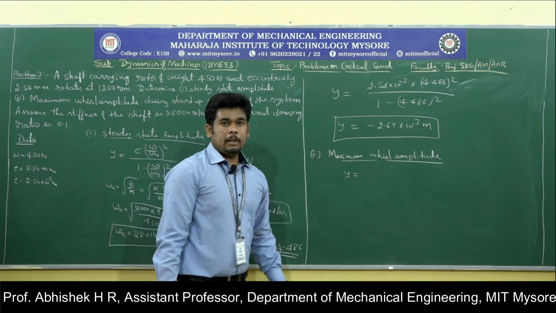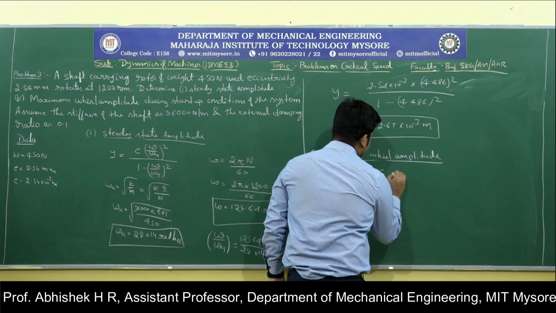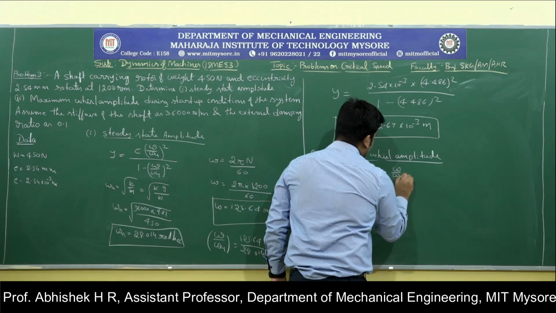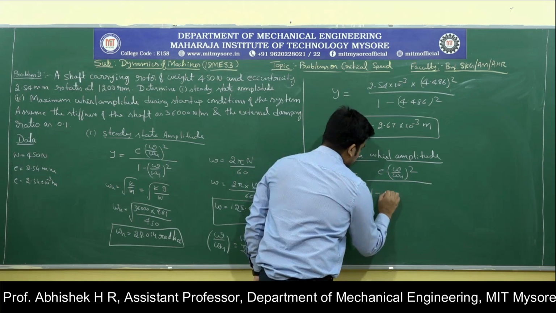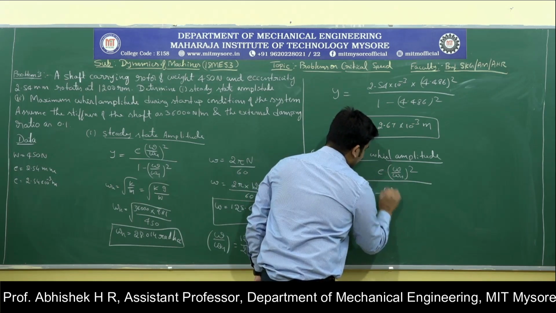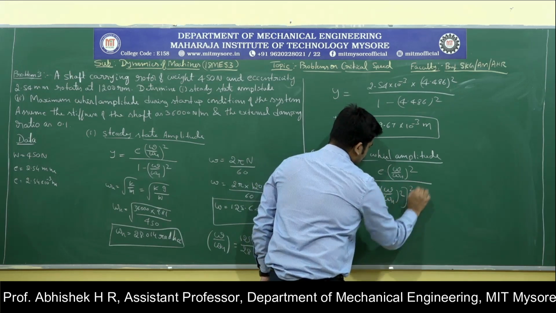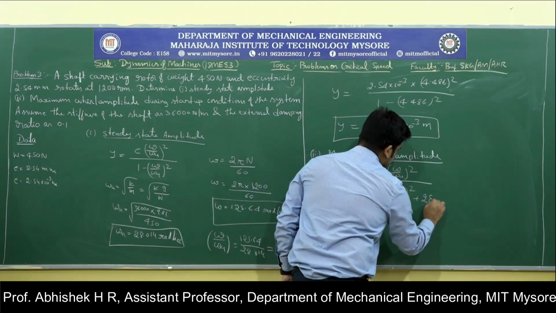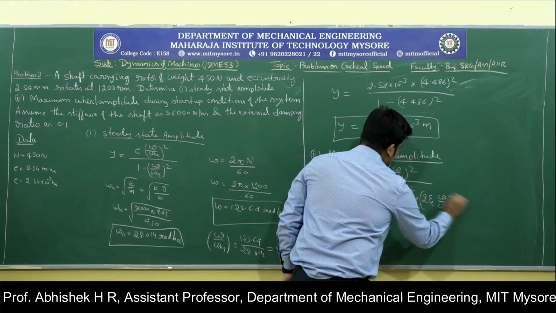When we come to the maximum whirl amplitude, damping will come into the picture. So for that we know the expression: E into omega by omega n whole square divided by 1 minus omega by omega n whole square into whole square plus 2 zeta into omega by omega n whole square.